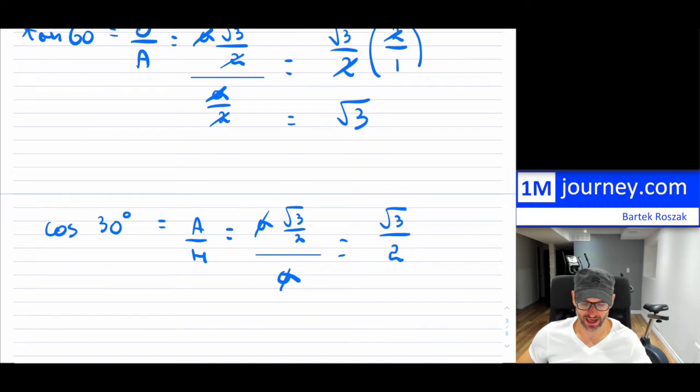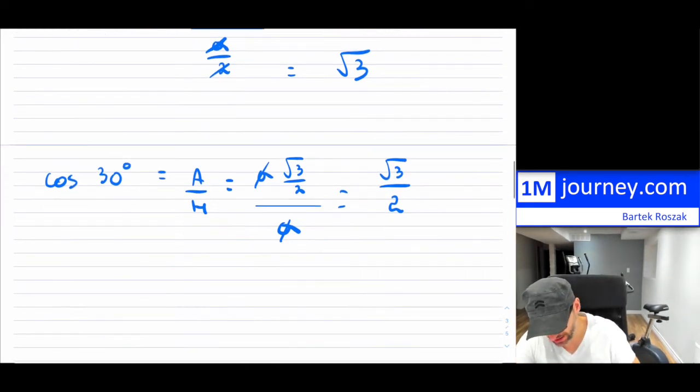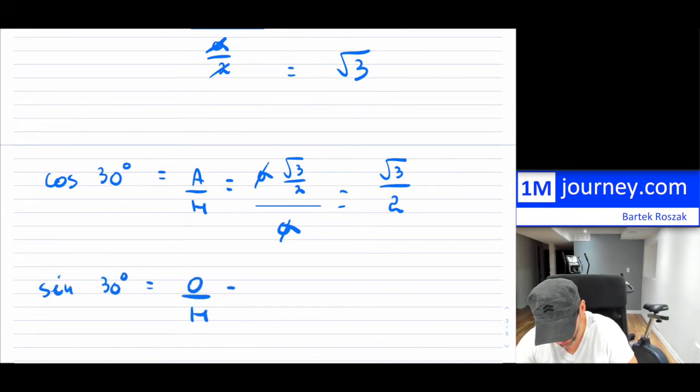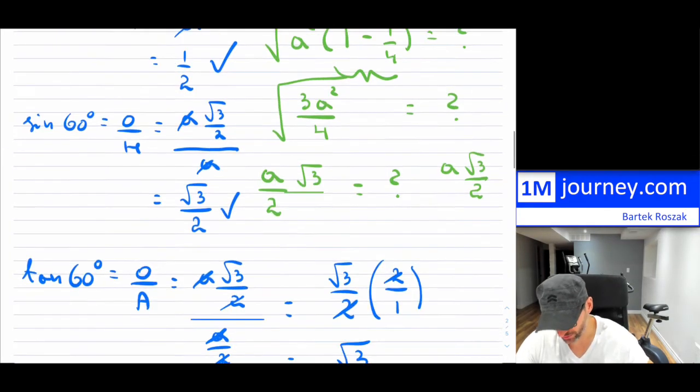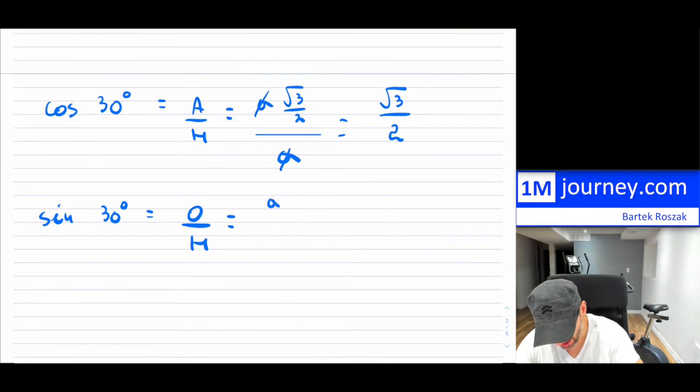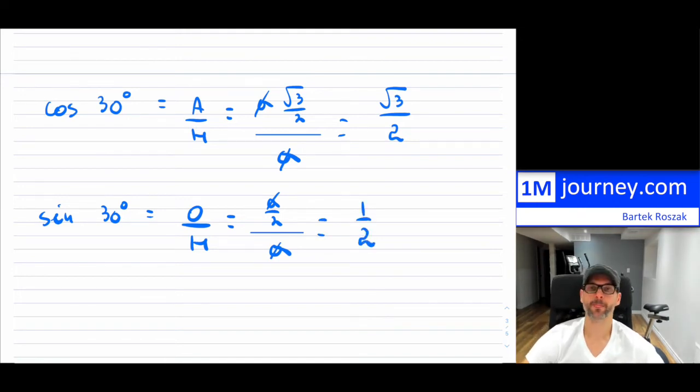Then sine of 30 degrees is opposite over hypotenuse. Now opposite is a over 2 and the hypotenuse is a, so the a's cancel. I'm going to get 1 over 2 remaining right there.